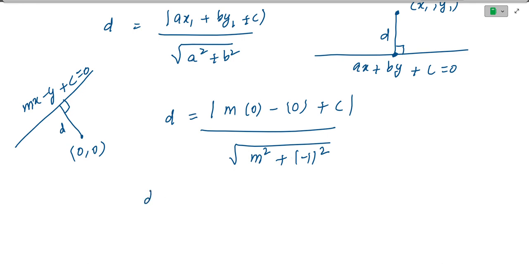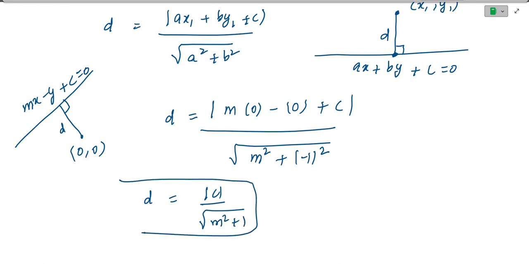So now the d value is equal to m times 0, it will become 0, and 0, plus c, it will be mod c in the numerator, divided by under root of m square plus 1. So this is the value of d I will be getting.